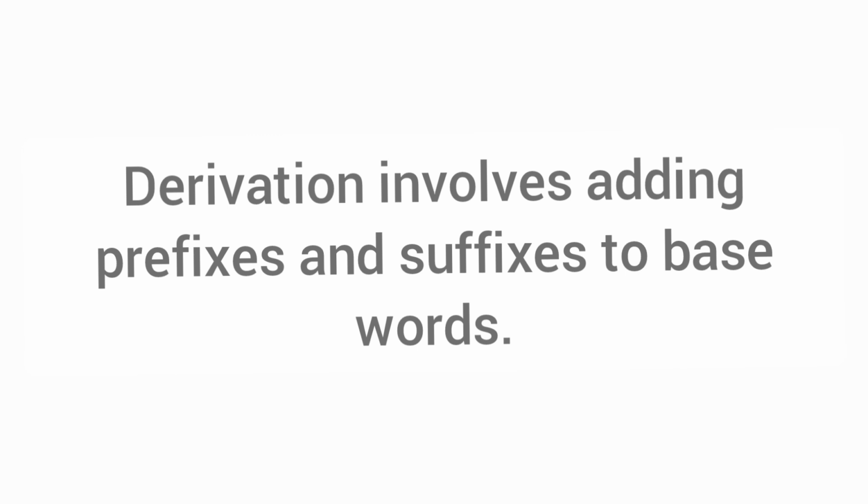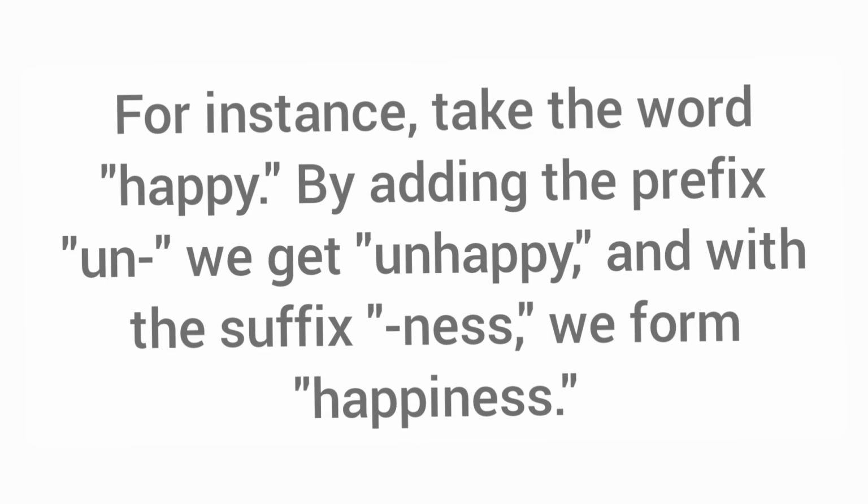Derivation involves adding prefixes and suffixes to base words. For instance, the word happy. By adding the prefix "un", we get unhappy, and with the suffix "ness", we form happiness.